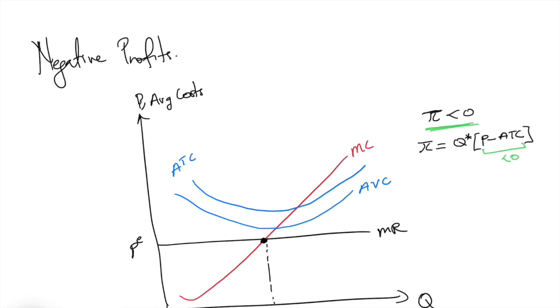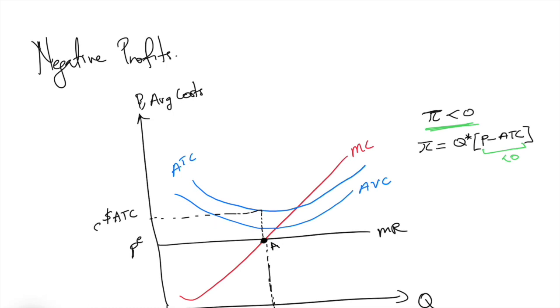We look at the intersection between marginal cost and marginal revenue. Let's label that point A. We drop down a vertical line to touch the horizontal axis to read off the profit maximizing quantity, Q star. Back at point A, I need to also touch average total cost. I touch it and I read it off the vertical axis, the dollar value of average total cost.